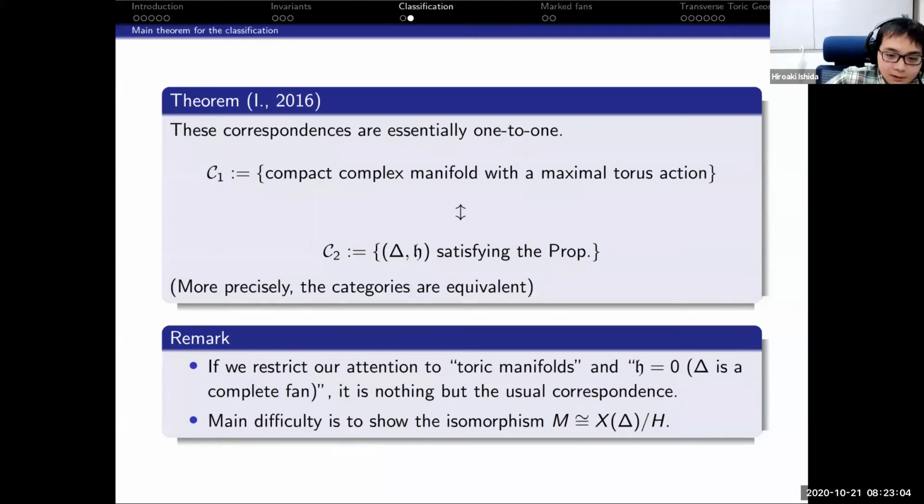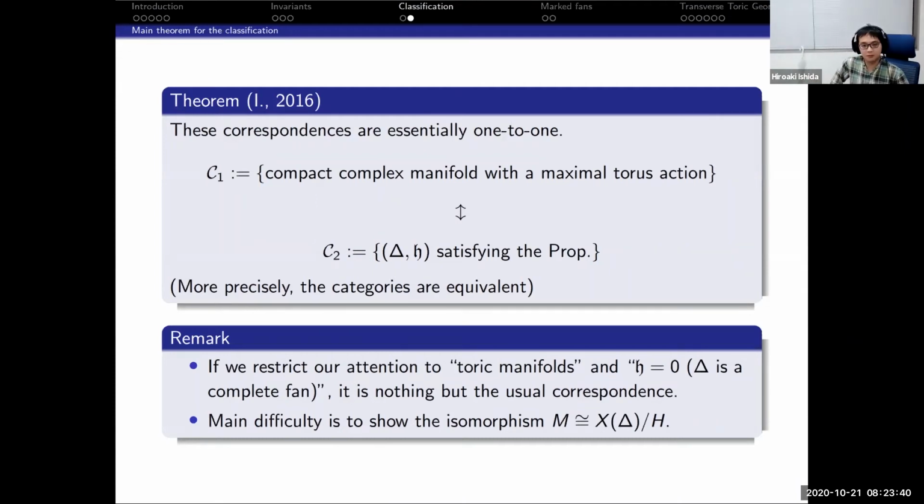I have remarks. If we restrict our attention to toric manifolds in the category C1, and we restrict our attention to the case of height 0 in C2, then this correspondence is nothing but the usual correspondence in toric geometry.